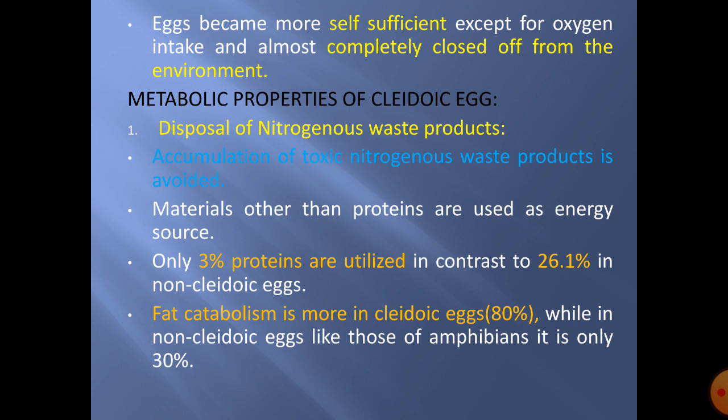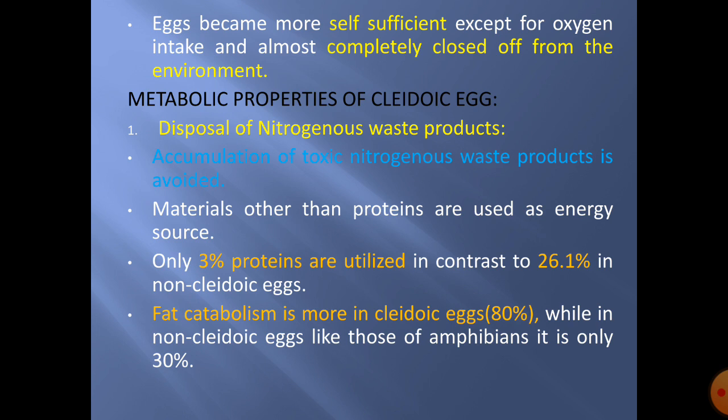Only 3% proteins are utilized, in contrast to 26.1% in non-cleidoic eggs. That means cleidoic eggs utilize only 3% of the proteins, whereas non-cleidoic eggs utilize 26.1%. And further, fat catabolism is more in cleidoic eggs.